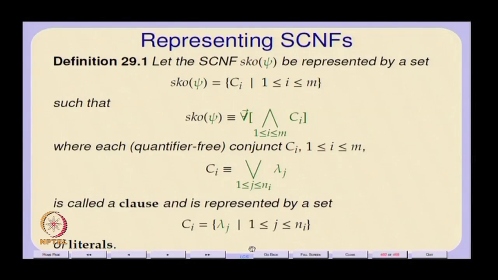So from now on, we will just look at a collection of clauses. These are all finite sets of clauses, where each clause is a set of literals.